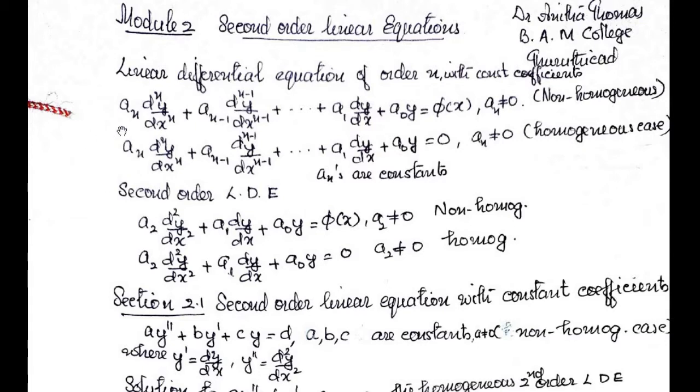From this, the second order linear differential equation takes the form a2 d square y by dx square plus a1 dy by dx plus a naught y equal to phi of x, where a2 not equal to 0. This is a non-homogeneous form, and the second one is homogeneous form.